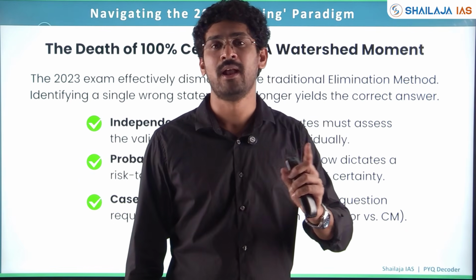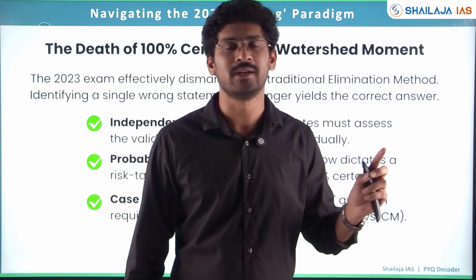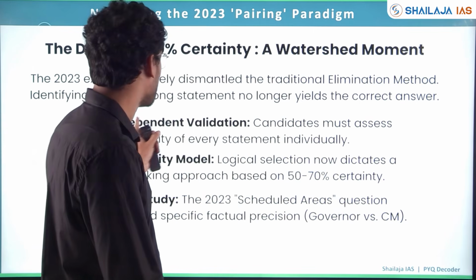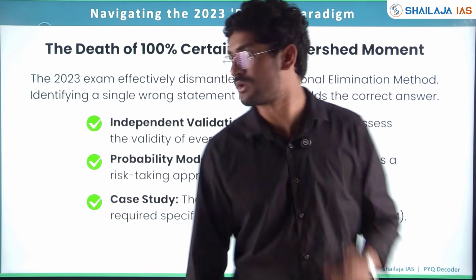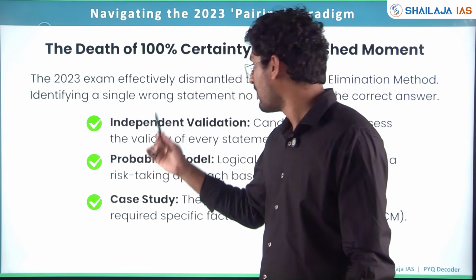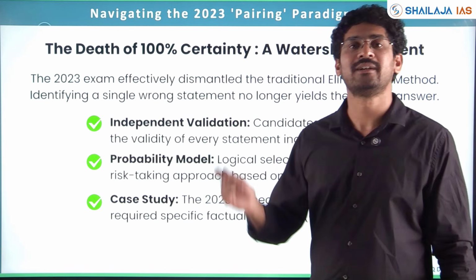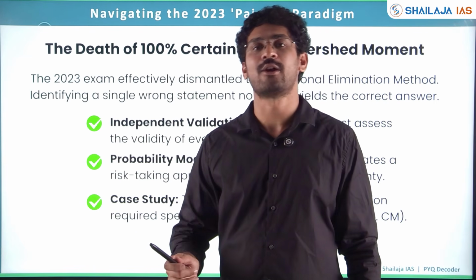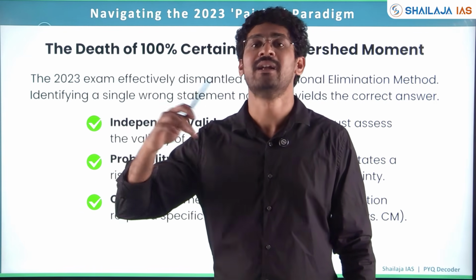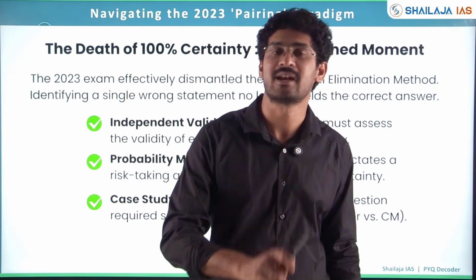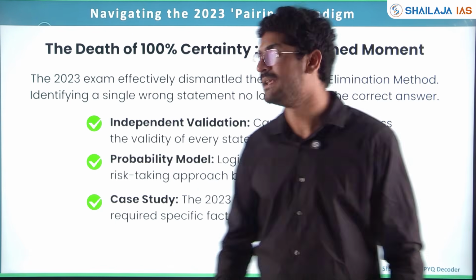This is possible not through me, not through any institute, not through any test series, but each candidate who wants to clear prelims must validate it, go through it, understand the wrong statements, understand the right statements, understand the traps, understand the themes.